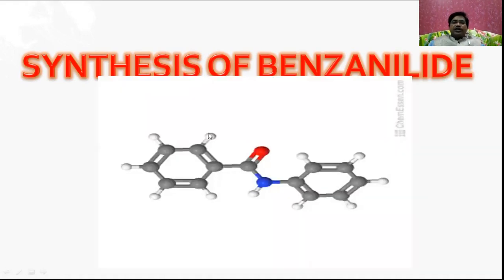Now let us see how it is synthesized. This is going to be the benzanilide, and this is one benzene ring, this is another benzene ring, this is going to be the oxygen, and here is the nitrogen.